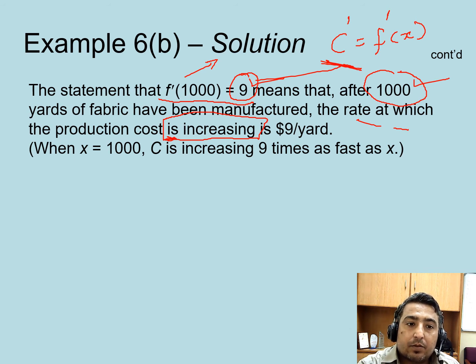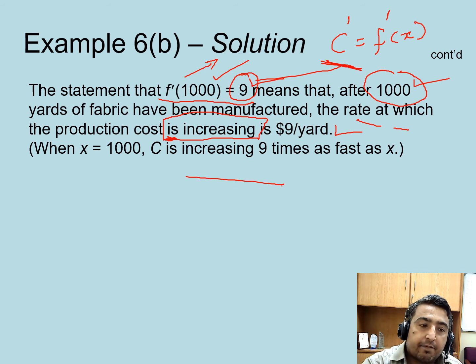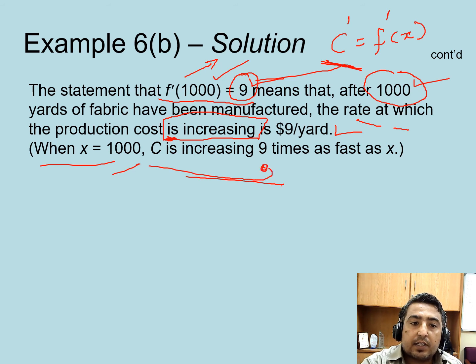With respect to x means per yard, so the cost is increasing at $9 per yard once you have produced 1000 yards. Alternatively, when 1000 yards are produced, C is increasing 9 times as fast as x.